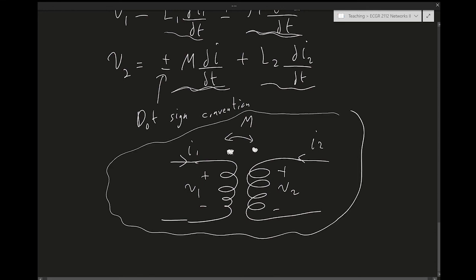And the dot, what does the dot tell me? The dot tells me where the current is considered to be positive coming in. Right? That's all it tells me. It essentially tells me how that affects the voltage reaching the other coil. Meaning here, I consider the current going into the dot positive, right?